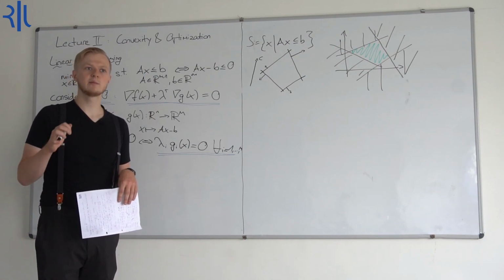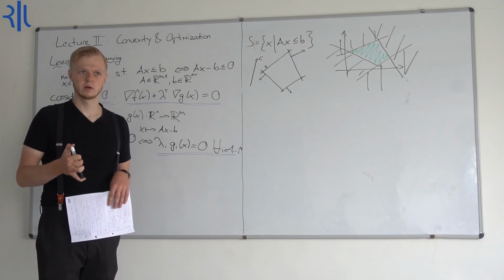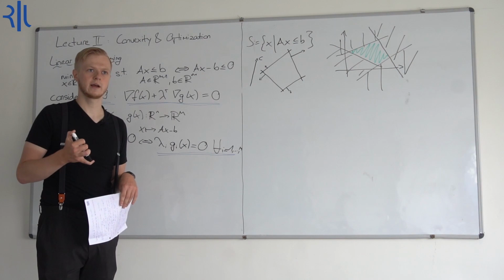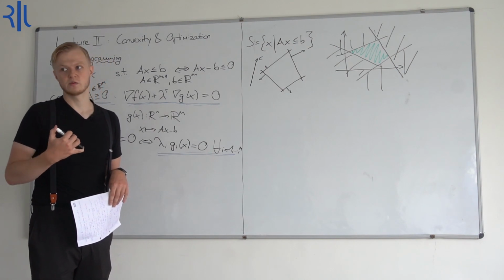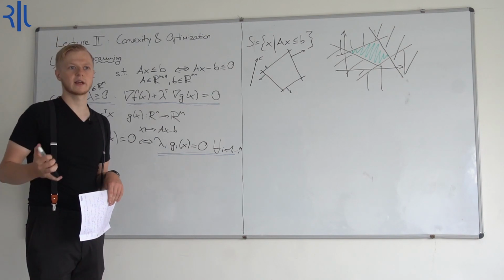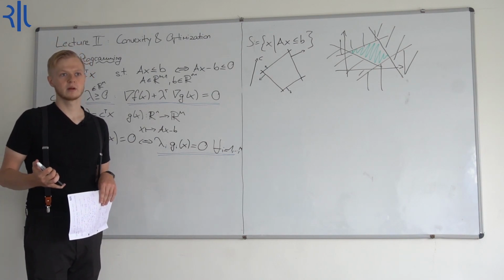So when you're in the neighborhood of a local minimum, you can basically approximate every function that is in play with its derivative. And all of a sudden you get something that looks like a linear program.